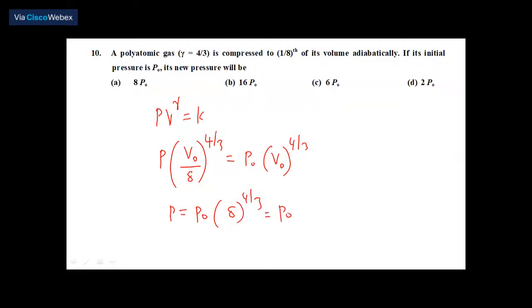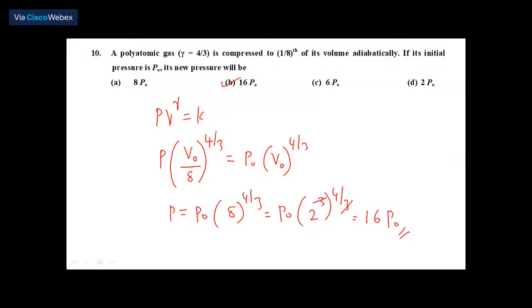We'll verify: 8 is written as 2 cubed, so 2 cubed to the power 4/3. The 3 and 3 get cancelled, giving 2 to the power 4, which is 16. So 16 P0. Yes, it's correct. Option B, 16 P0. So the 10th one, option B is correct.